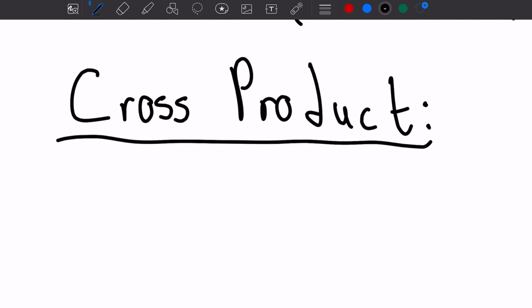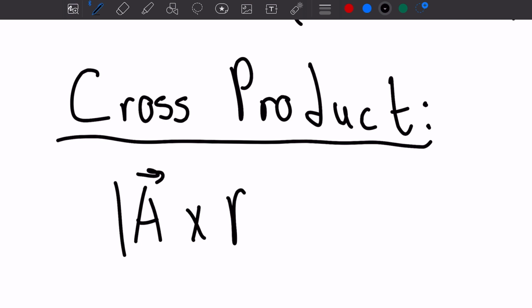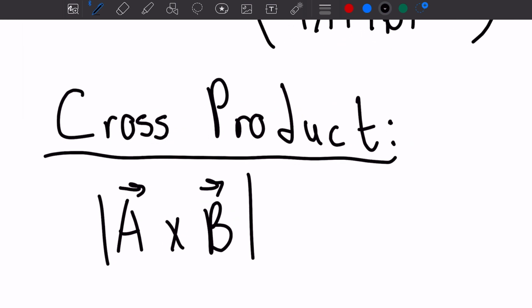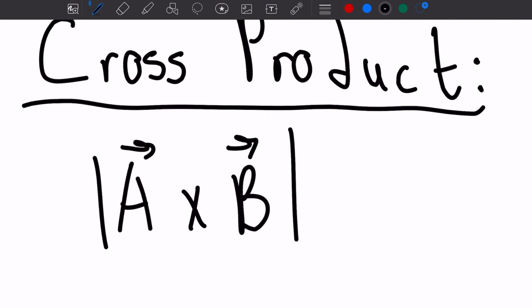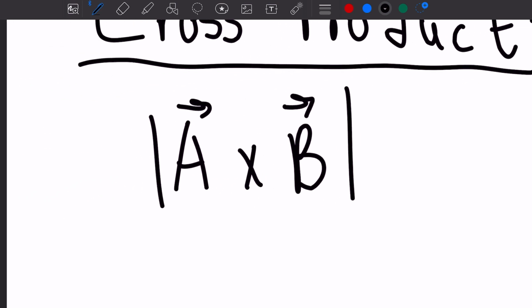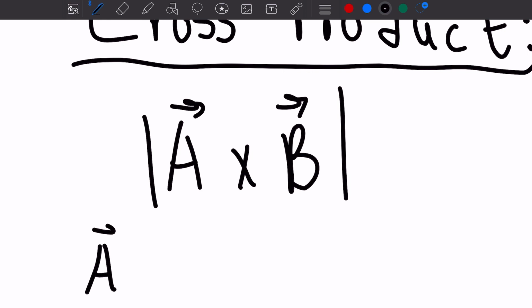So the most common notation for that will look something like this. Instead of a dot, as you may be able to tell by the name, we're going to use an X or cross symbol to designate that we're doing the cross product instead of the dot product. So we're going to use the same vector values that we had before in their components.